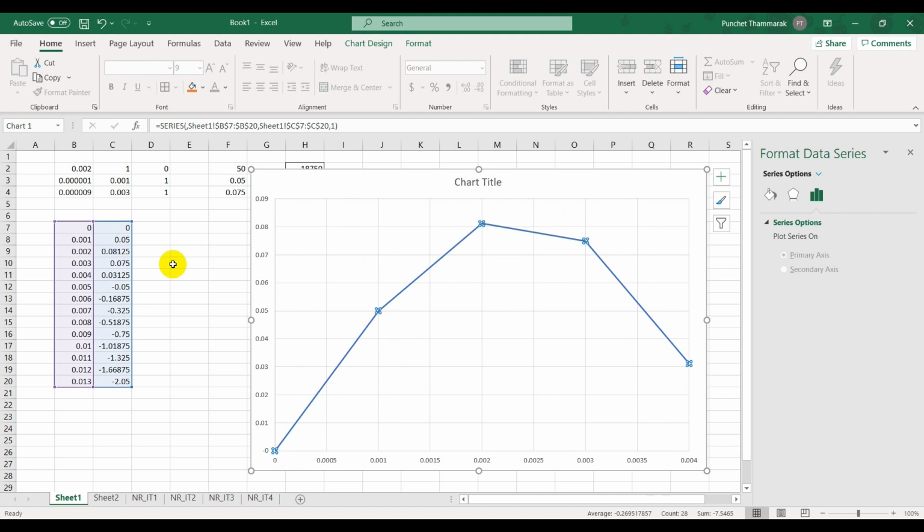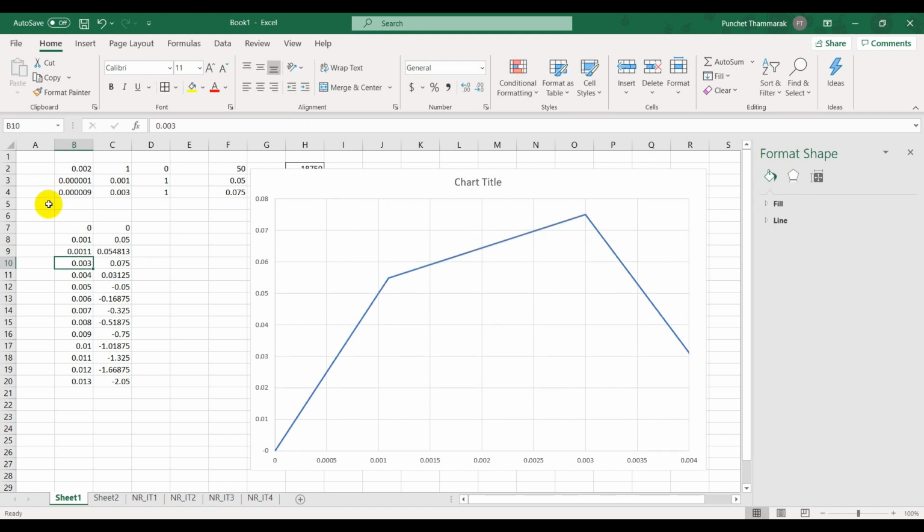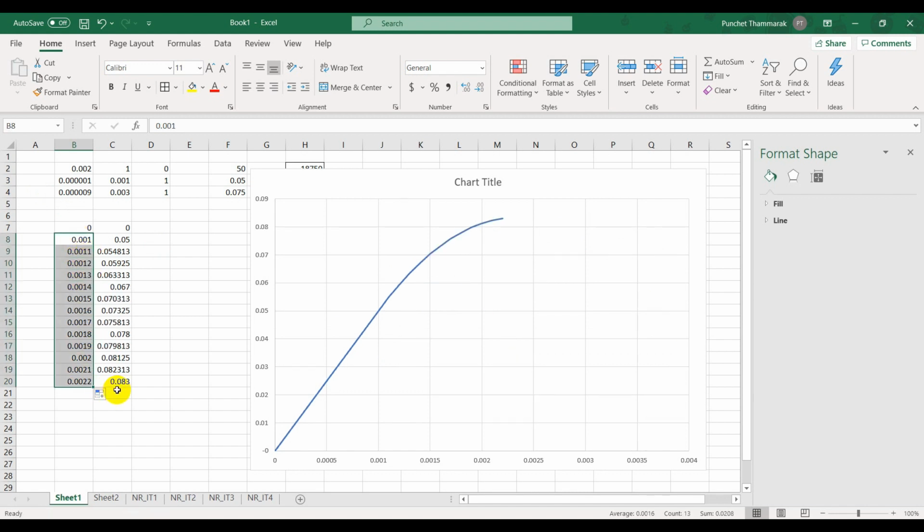Actually I should add the like 0.0011, yeah. Okay, nice. So the structure is somewhere around here. It has some softening, but it is not coming down like that.